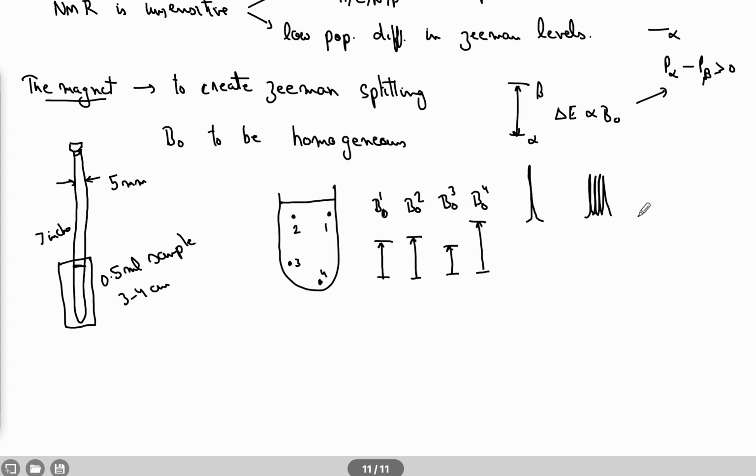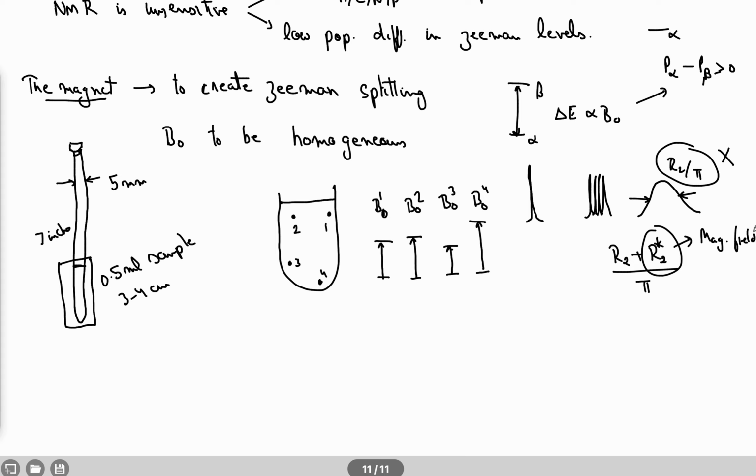So overall, instead of a sharp line, you will see a broad peak which is not defined by R2 by pi. This will not work because you have added inhomogeneity. So instead what you will have is R2 plus R2 star divided by pi. Okay, so this R2 star is coming from magnetic field inhomogeneity.